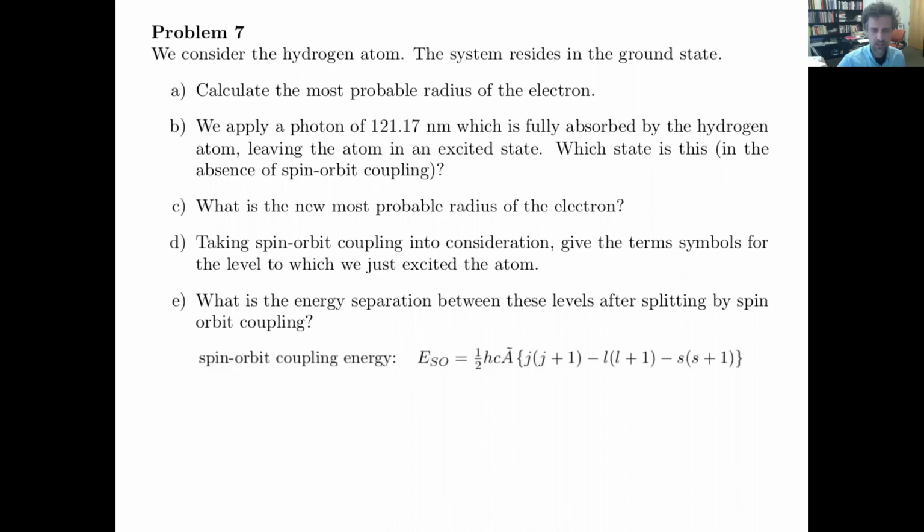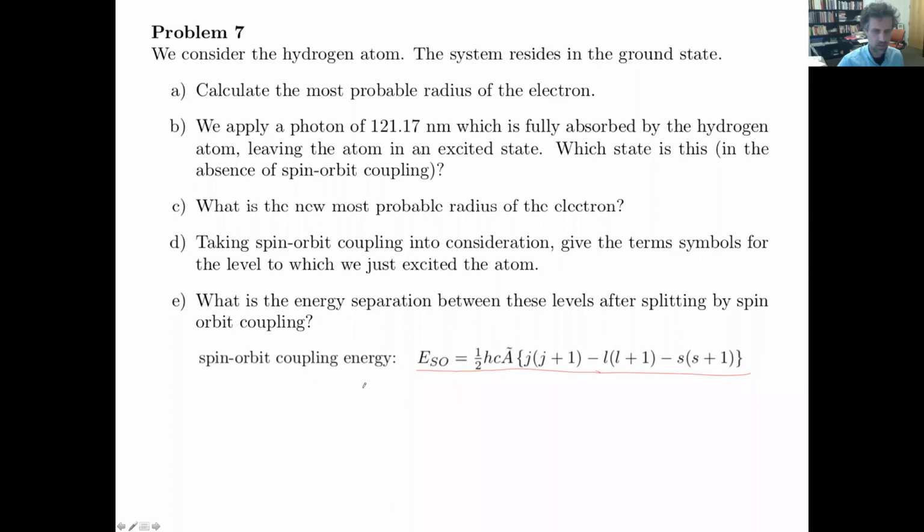Again, there's a list provided with common formulas and expressions, and this is one of them. So I don't have to memorize this or write it down. It's on the exam, and this is the energy that I'm after. The spin-orbit coupling energy is given by this expression. And what I have to do is calculate this for both levels and then subtract the two.